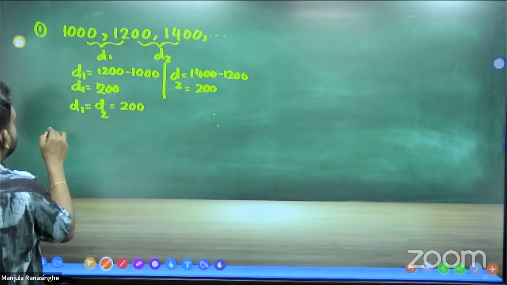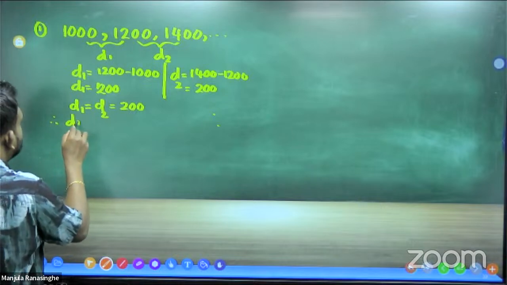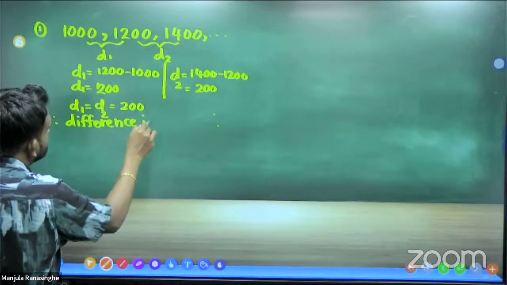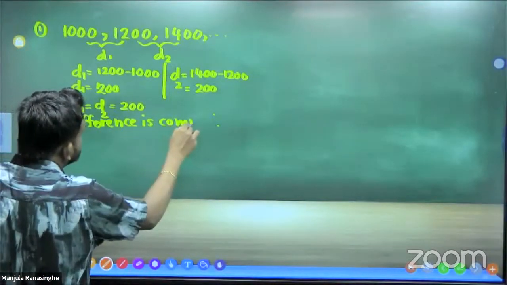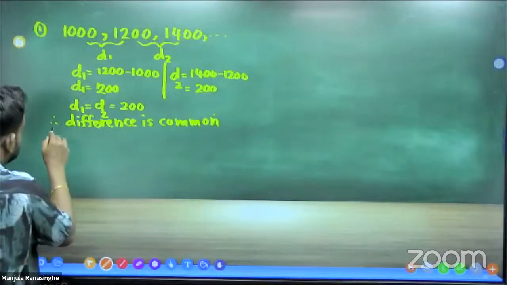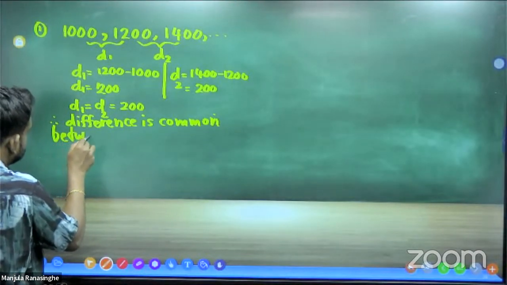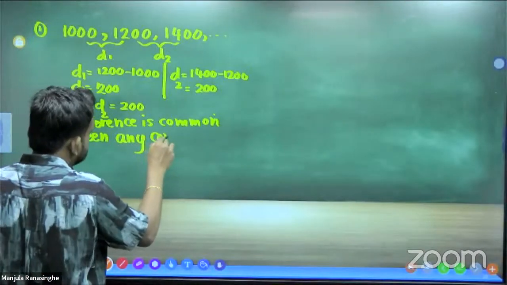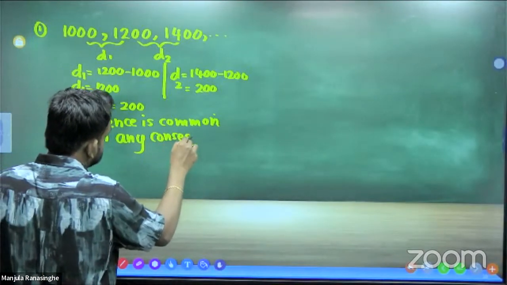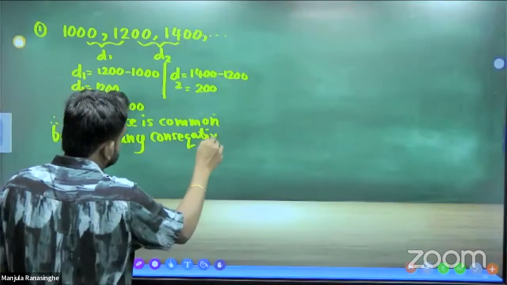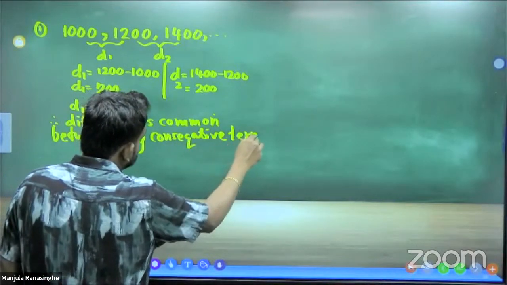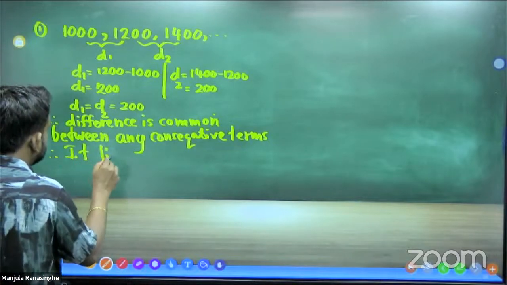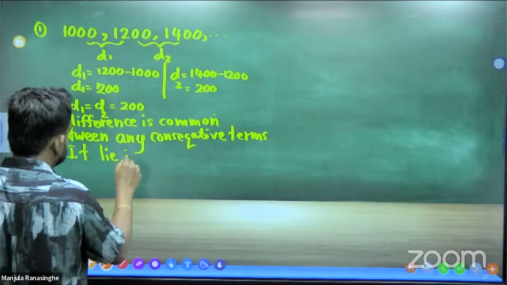You then write: therefore the difference is common between any consecutive terms, therefore it lies in an arithmetic progression.